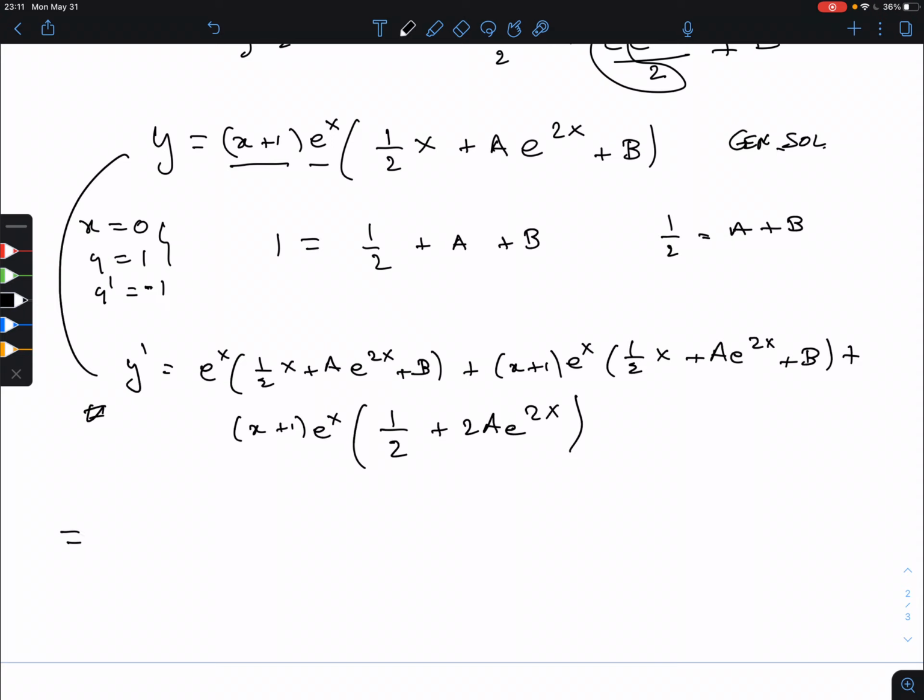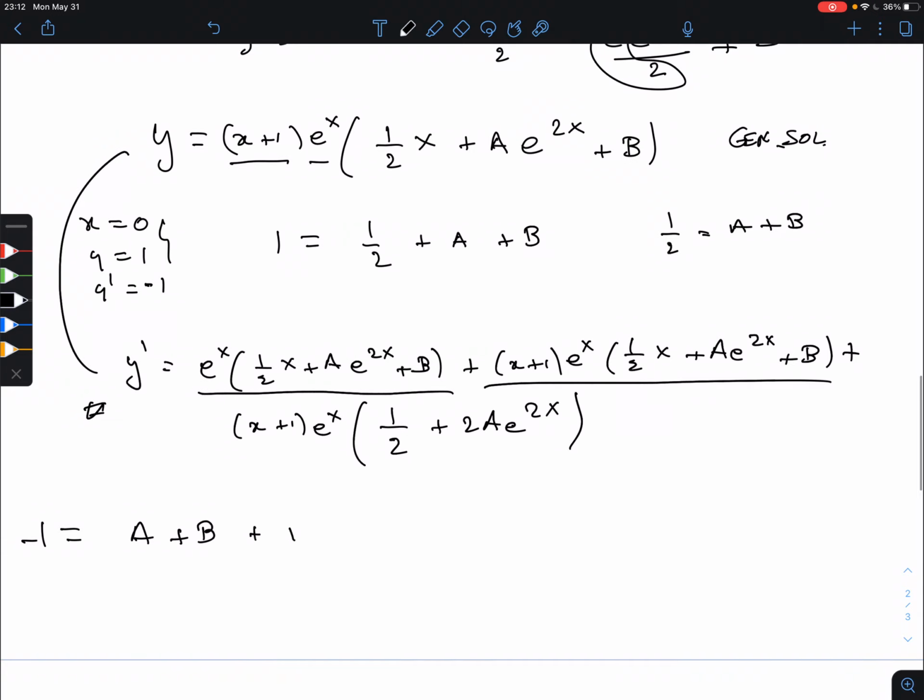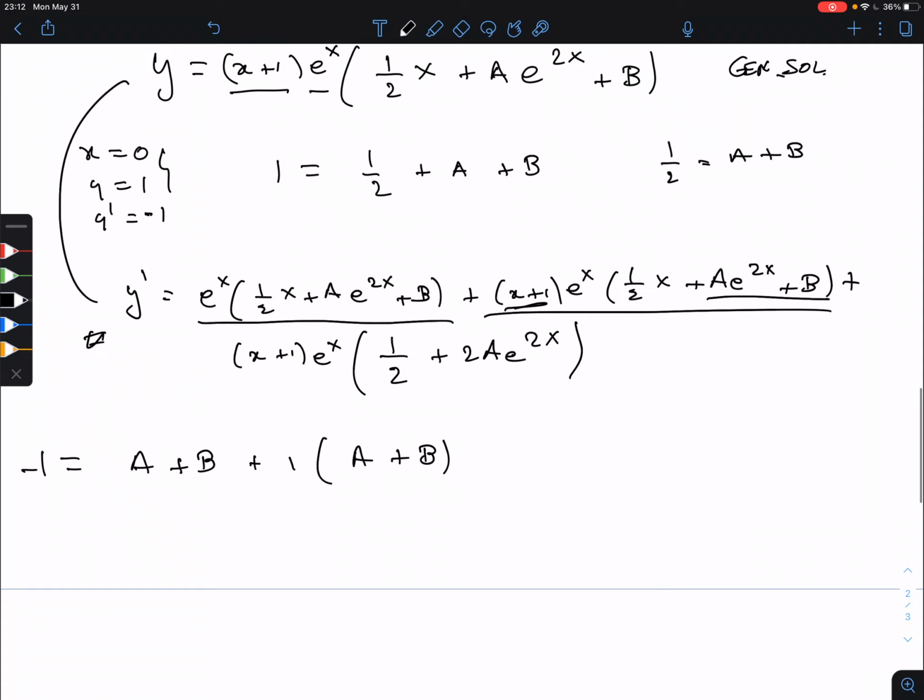Okay, so if I plug it in, -1 is equal to now, we're plugging in 0. So what we're left with in this part is a plus b. I hope that is clear. In this part, there is left 1 times a plus b, right? The 1 here, and then the a plus b. And in this part, we get left 1 times a half plus 2a.